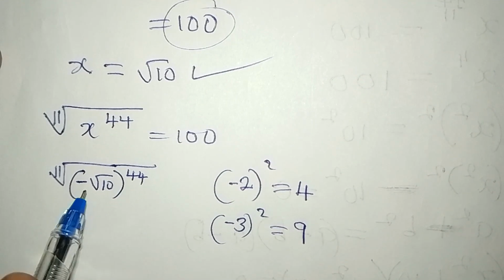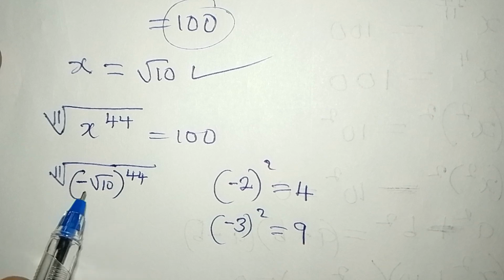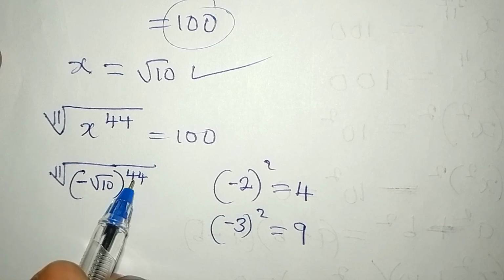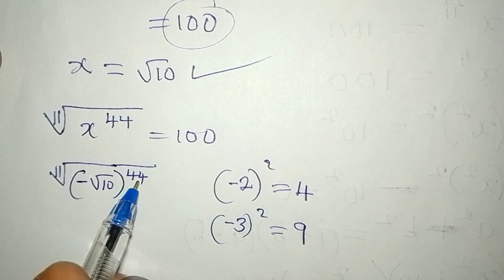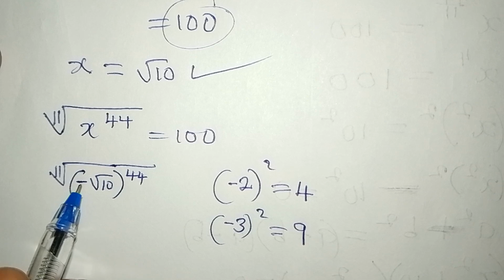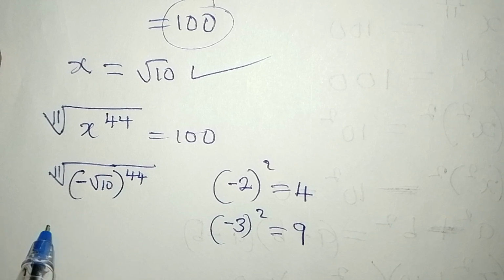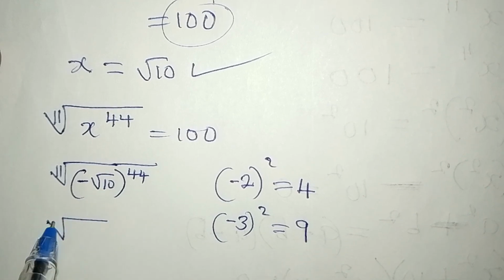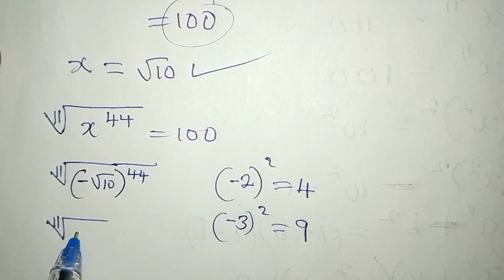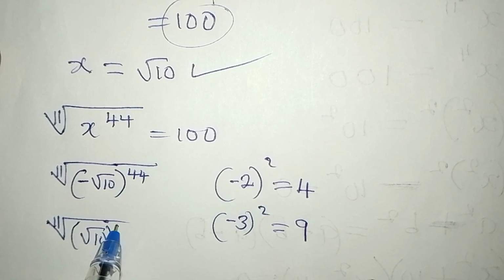The same thing will reflect here. Because we are having negative root 10 to the power of 44, we can let go of the negative because it should give us positive, since the power here is even. So we are having the same thing which we got before: the 11th root of root 10 to the power of 44.